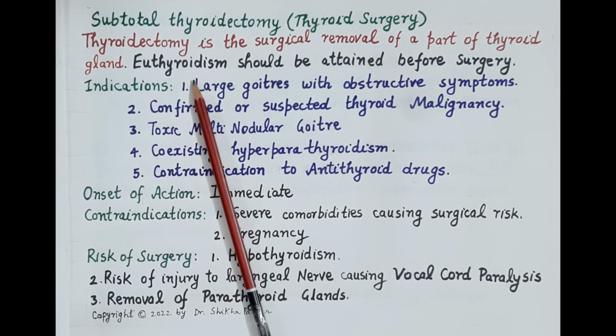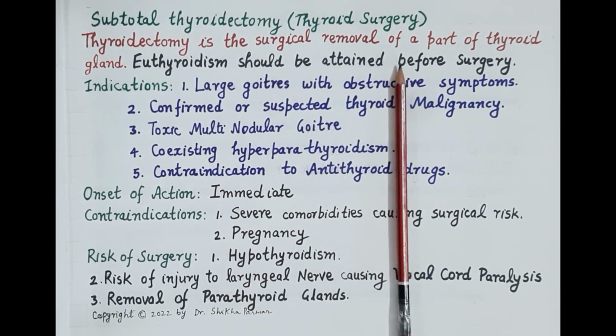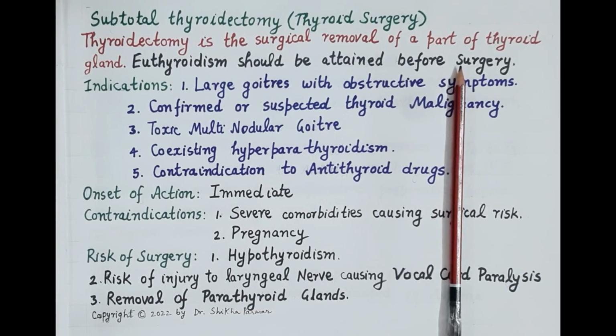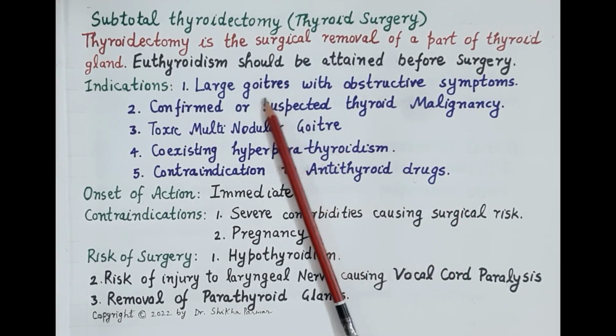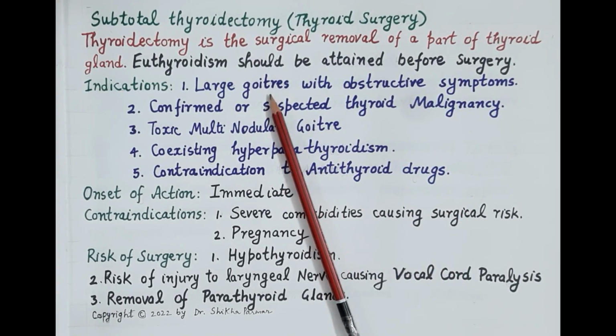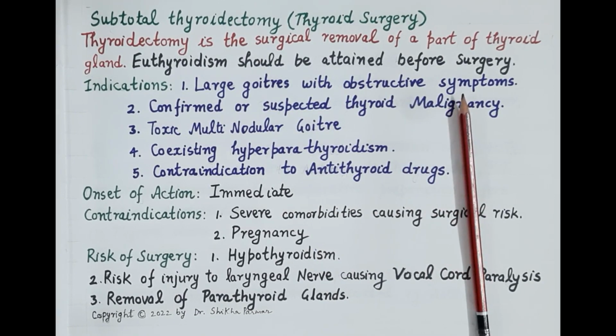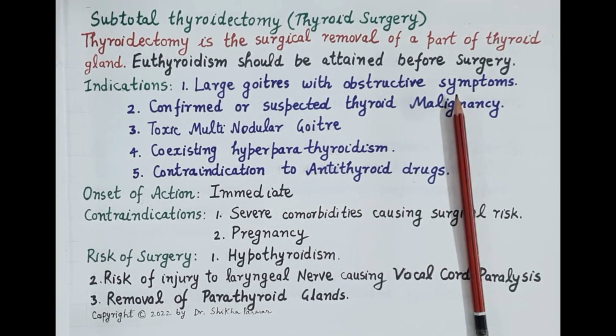Very important, surgery should be performed in euthyroid patients. So euthyroidism, or normal T3 and T4 blood levels, should be attained by the use of drugs before performing the surgery. Now, indications of thyroid surgery. Thyroid surgery is required if the patient has large goiters with obstructive symptoms, for example, difficulty in swallowing.